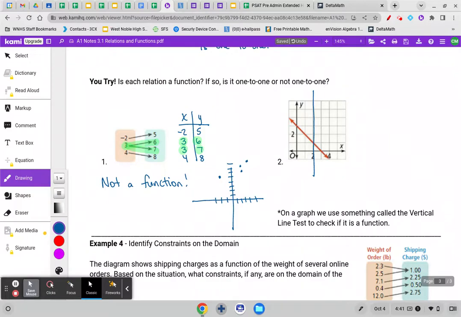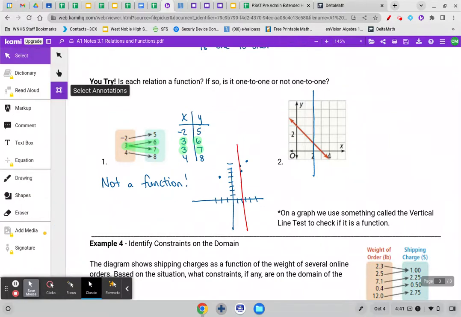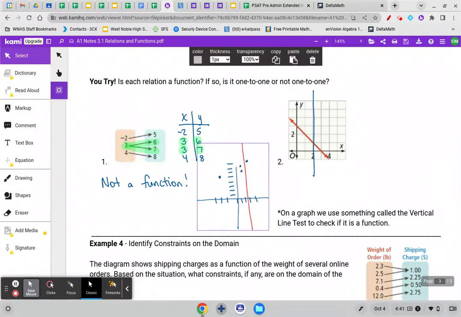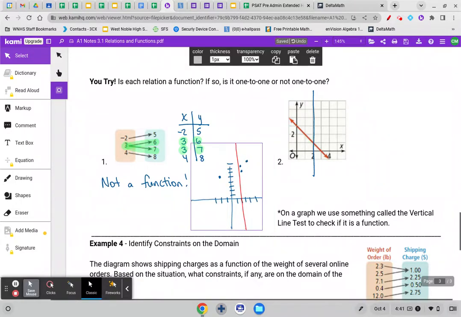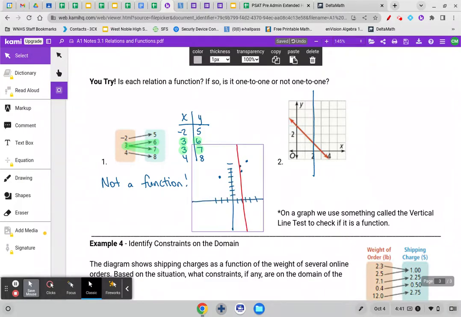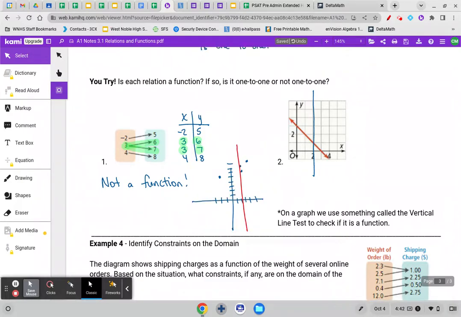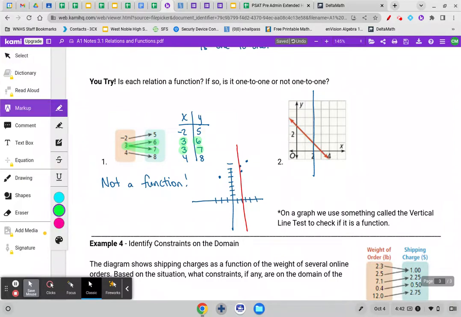Now, I was going to talk about it on the next one, but I'll go ahead and talk about it here too. We have something called the vertical line test. If you can draw a vertical line and it crosses more than one point at the same time, this means that it is not a function. I don't think I can really show you, but if you can cross more than one point at the same time, this does not pass the vertical line test, which means it is not a function.